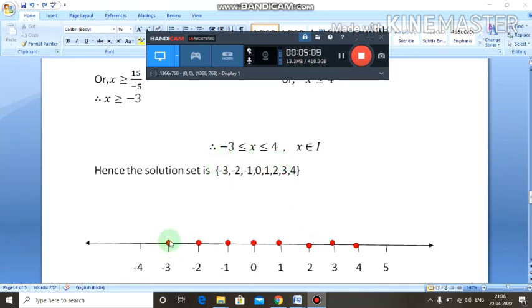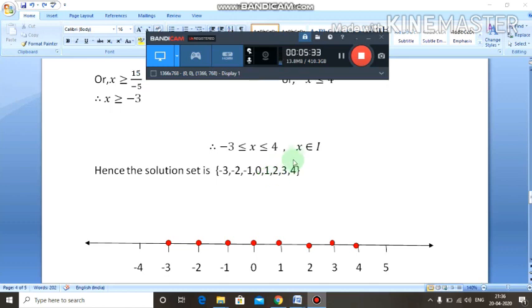See, we have only dotted -3 and filled the circle, -2 only, -1 only, 0 only. In this case, we have not used the whole line. Whole line means there are actually so many numbers between -3 and -2, infinitely many numbers.